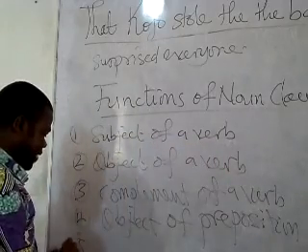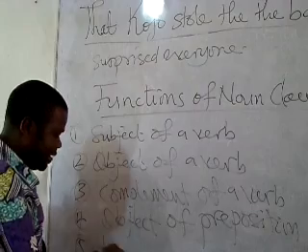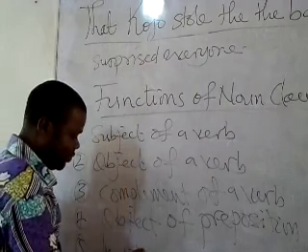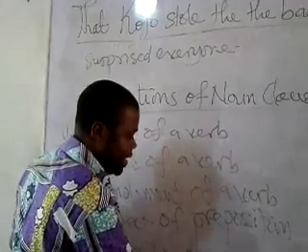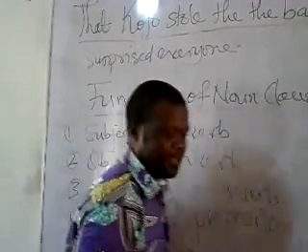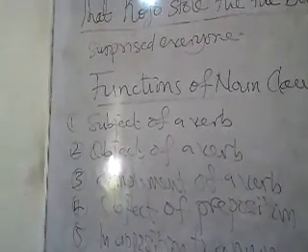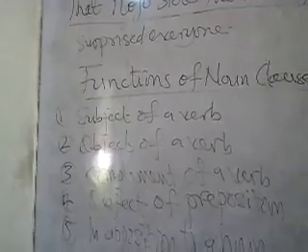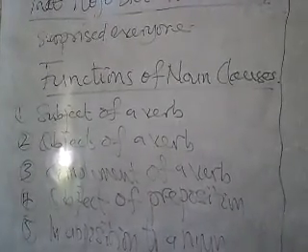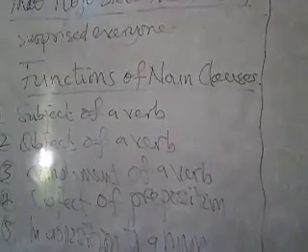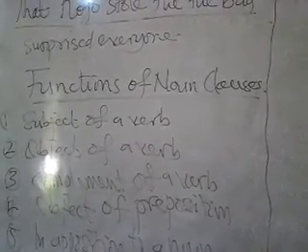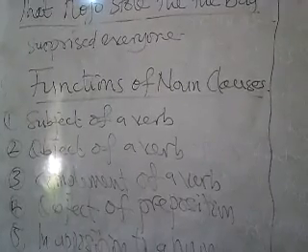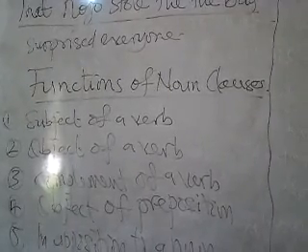And finally, 5, in apposition to a noun. These are the functions of noun clauses. It is also interesting to note that we may also have the indirect object function, whilst we have object of a verb.